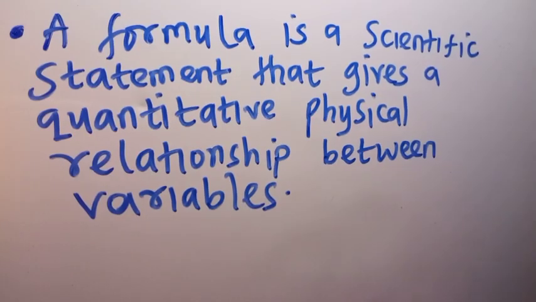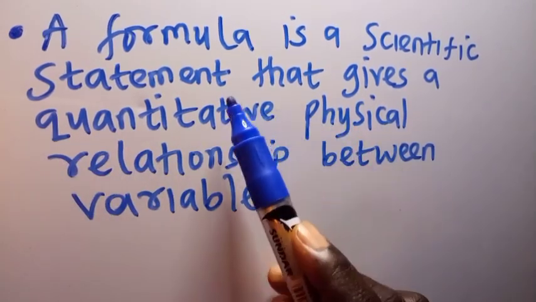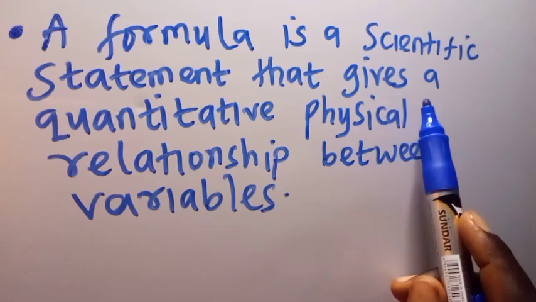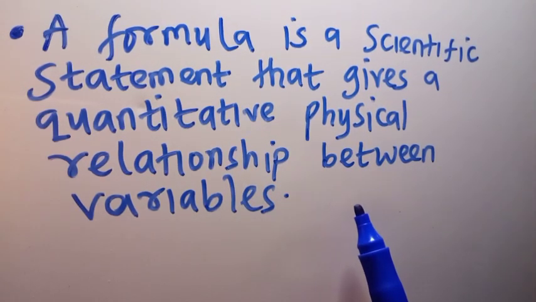Now, in conclusion, I want us to take note of two statements. Number one is that a formula is a scientific statement that gives a quantitative physical relationship between variables.